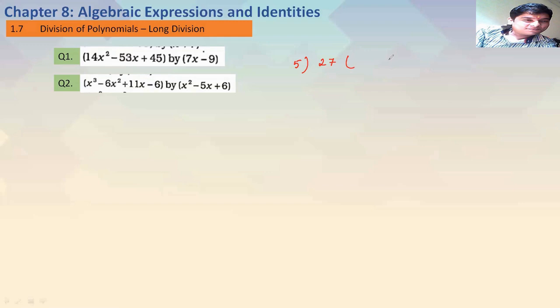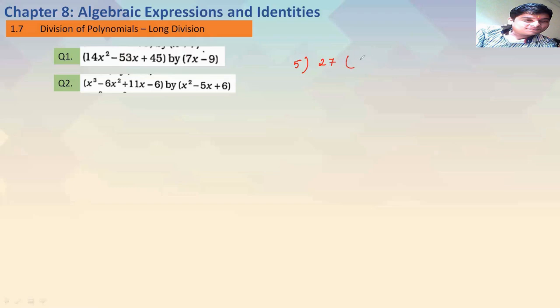It's a mixed fraction that we are going to get, right? It would be 5 as the whole number, and then 2 by 5. So long division helps us get the mixed fraction, right?